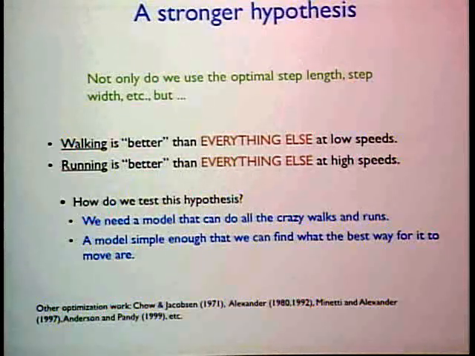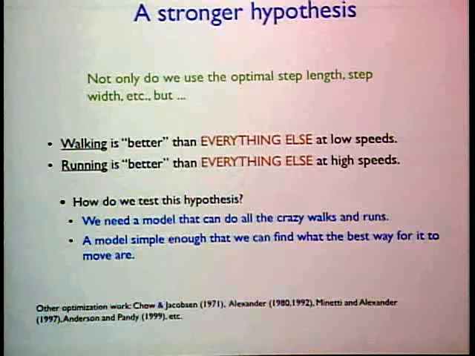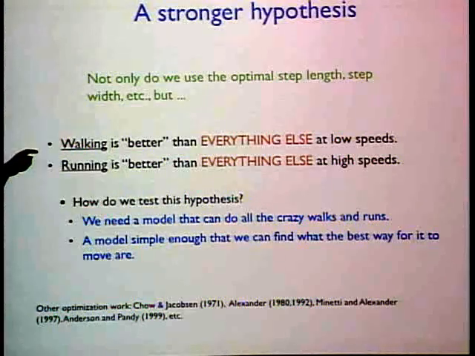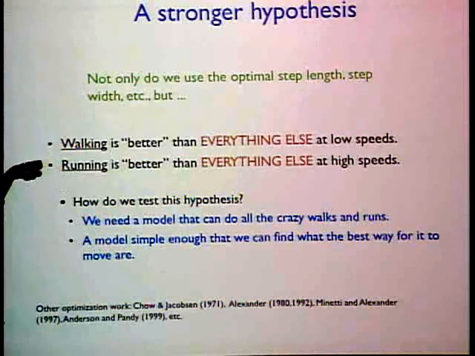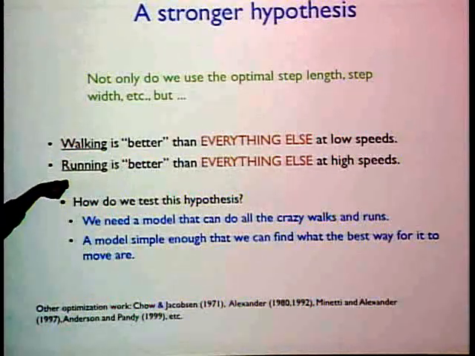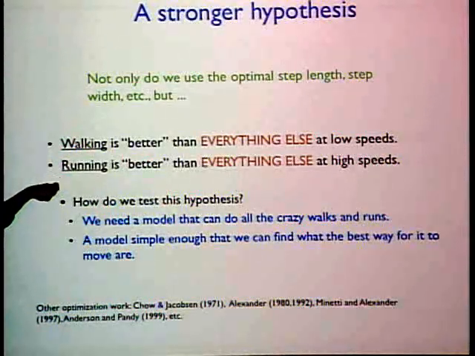Not only that the speed that we walk at is roughly optimal, we would like to hypothesize that the way in which every segment of our body moves when we walk is at least approximately optimal in terms of energy. That is, walking as we do is better than absolutely everything else that we can think of at low speeds, and running is better than absolutely everything else that we can think of at higher speeds.